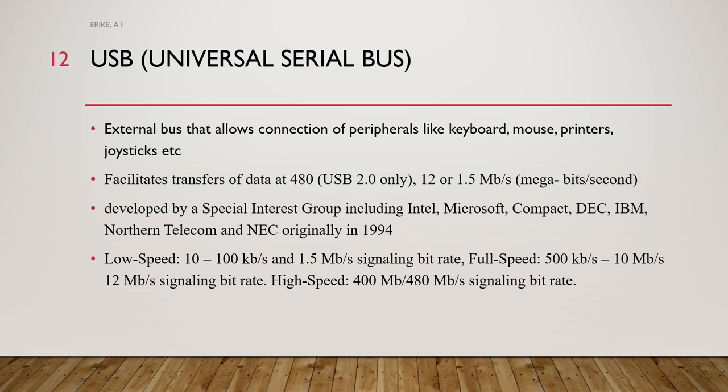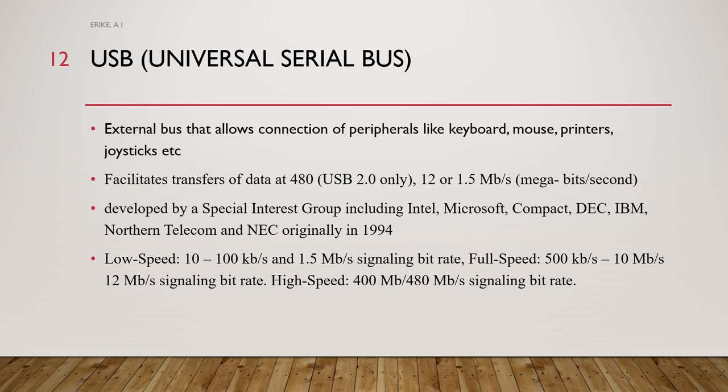So next we look at the universal serial bus. We said there's an external bus that allows connection of peripherals like keyboard, mouse, printers, joysticks, and so on and so forth. It facilitates transfer of data at 480, 12, or even 1.5 megabits per second, and it was developed by a special interest group that included several of the big companies that we already know.